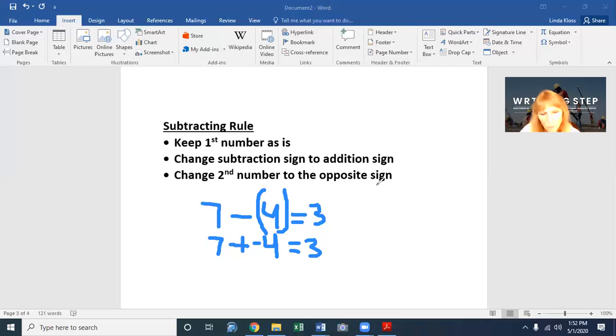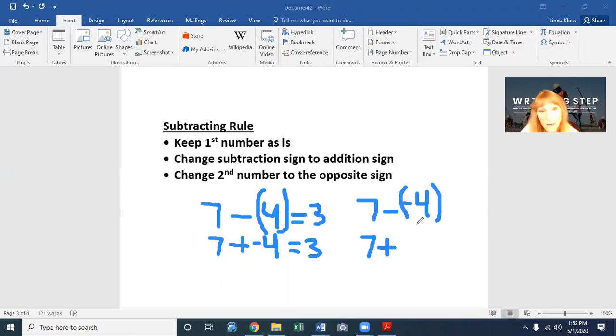But what happens when you get something like this? 7 minus a negative 4. Now what do you do? Well, this subtracting rule will work well. So you're going to keep the first number as a 7. You're going to change the subtraction sign to an addition sign. And then you're going to take the second number and change it to the opposite sign. So let's put parentheses around this number.